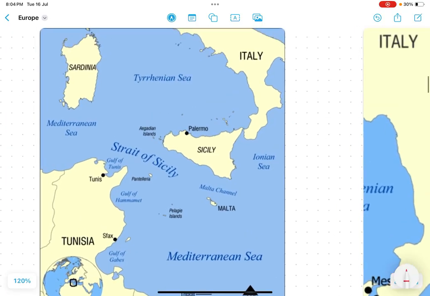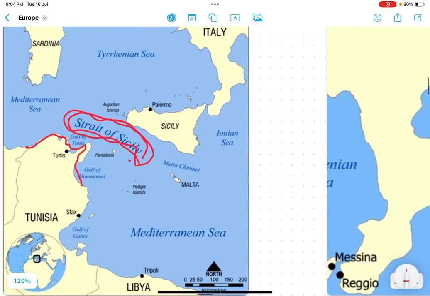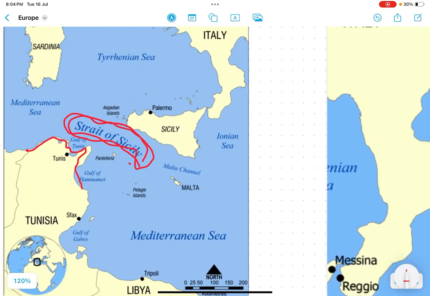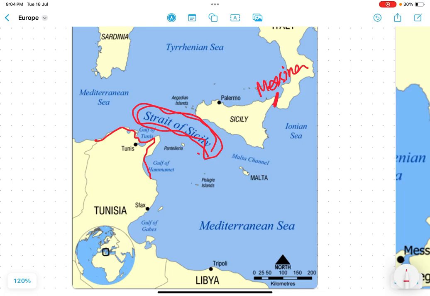Then between Tunisia and Sicily, we have the Strait of Sicily. So let's not confuse this: this is the Messina Strait between Sicily and Italy, and between Tunisia and Sicily, that is the Strait of Sicily.